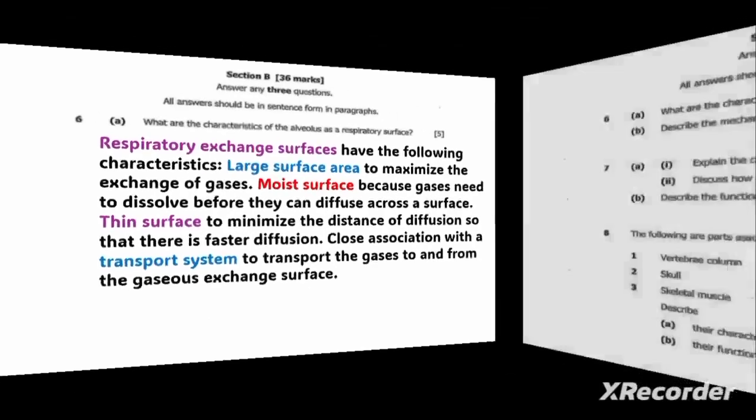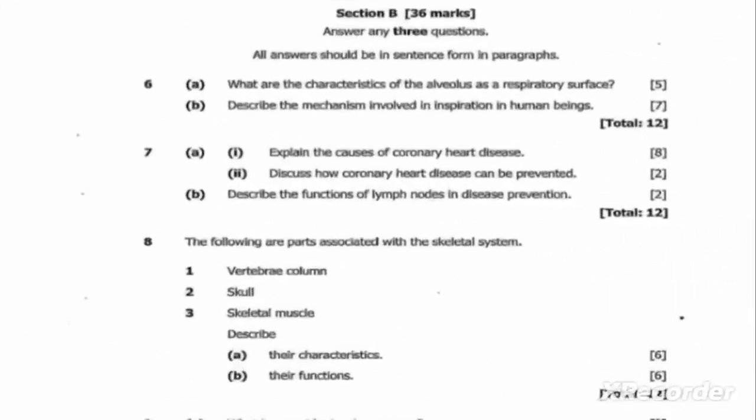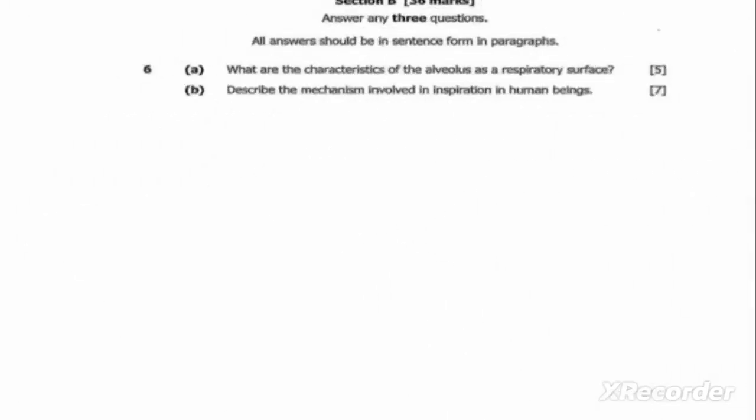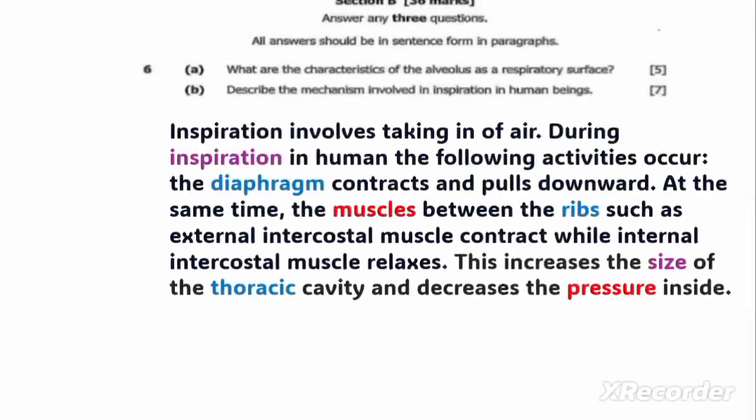Now let us move on to the next question, which is question 6b. The question reads, describe the mechanism involved in inspiration in human beings. Inspiration involves taking in of air.